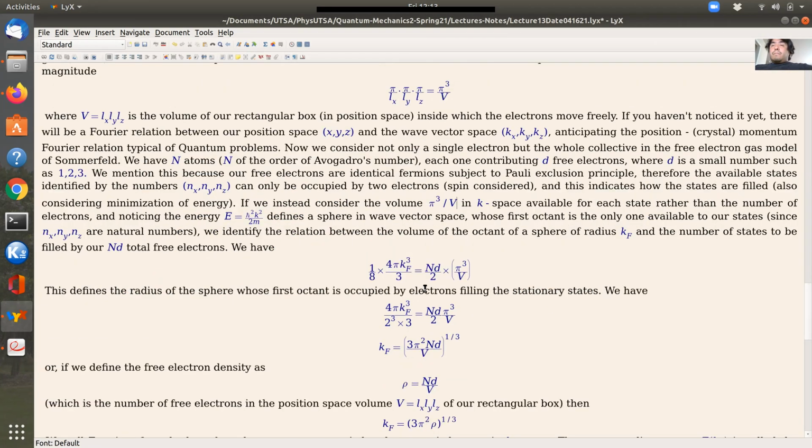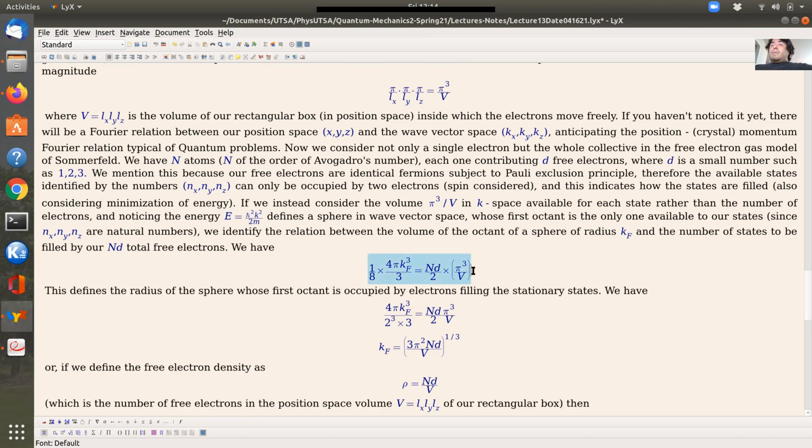So what we have first is the volume of a sphere of radius kF, and this is divided by 8 because we are considering the octant. Then what we have is the number of states, because above you have the number of electrons, but this is divided by 2 because you can have occupancies from spin up and spin down.